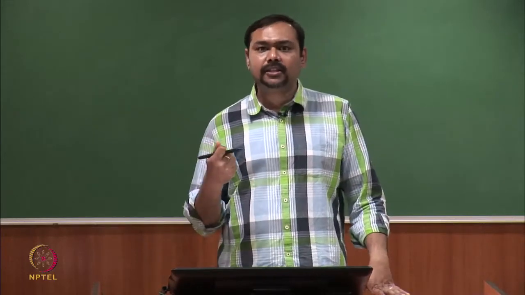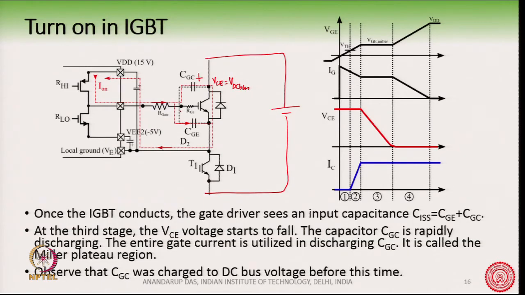Unless we take away that charge, we cannot fully turn the transistor on. So, we would like to take away that charge in order to turn the transistor fully on. So, in this stage 3, this capacitor has to be fully discharged, okay, and this region you can see here is called the Miller plateau region.